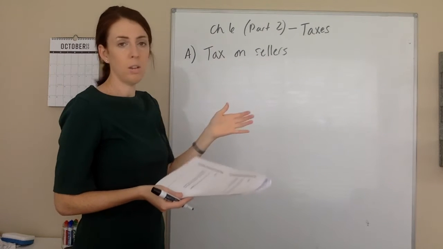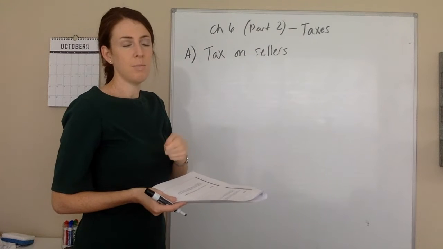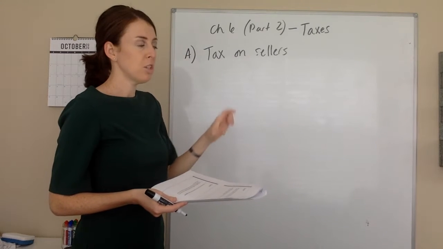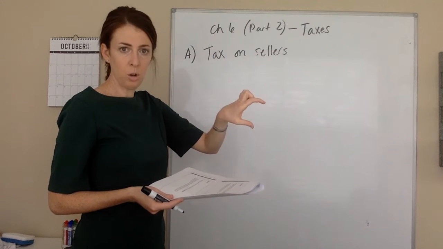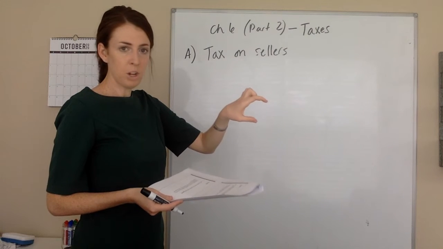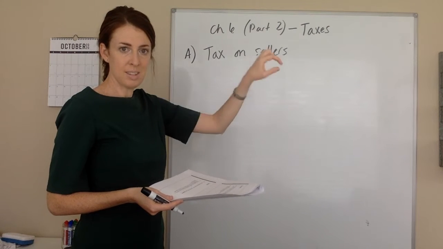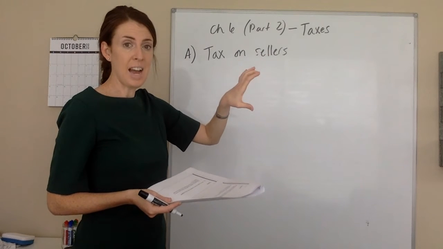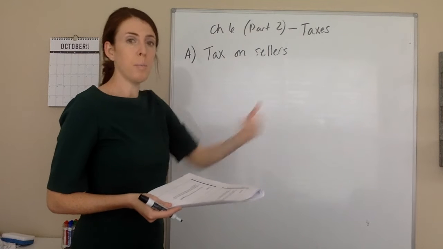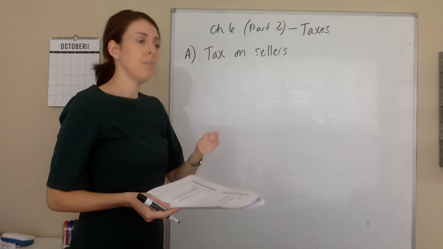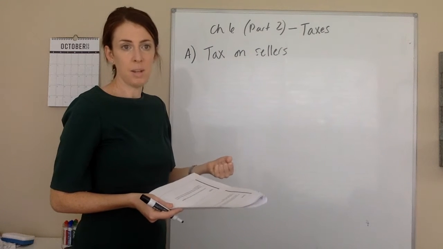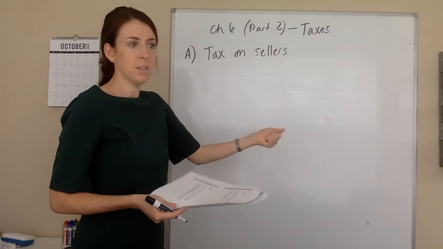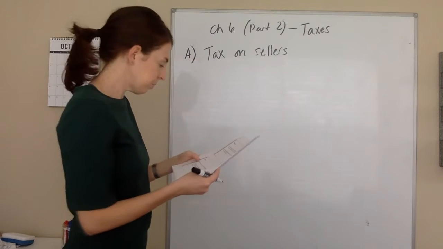And for every bottle of Coca-Cola they sell, they're going to have to write a check for 10 cents. So they're just going to take the sticker price underneath the Coca-Cola display, and whatever the current price is, make it 10 cents higher. So they're going to raise the sticker price by the amount of the tax, so that when they get that whole amount from the customer, they can take off the 10 cents that the government is asking for, give it to the government, and then keep their remaining amount.